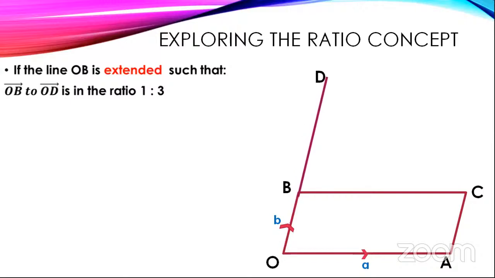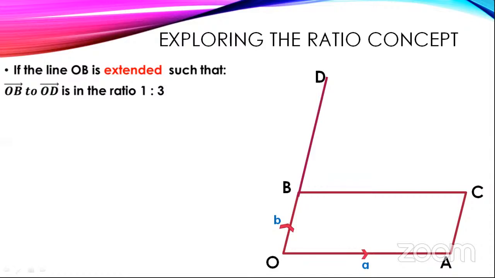I'm using the animation to extend the line to the ratio 1 to 3. So if we're talking about ratio, it's saying that OB to OD is 1 to 3.